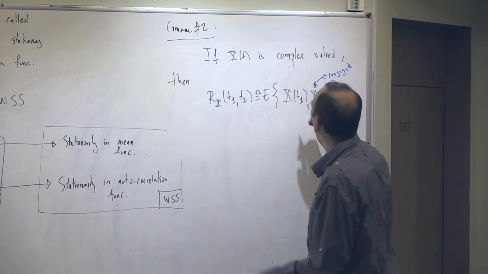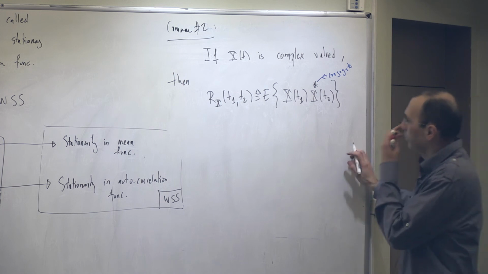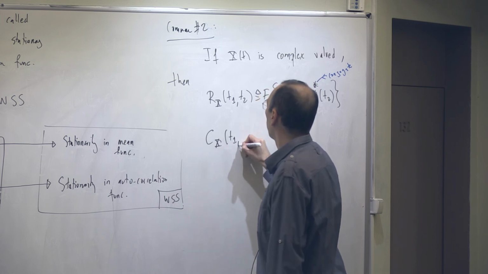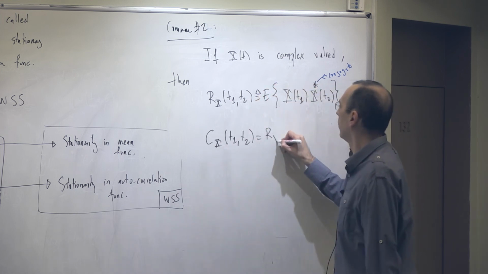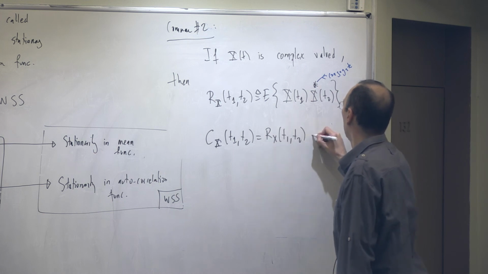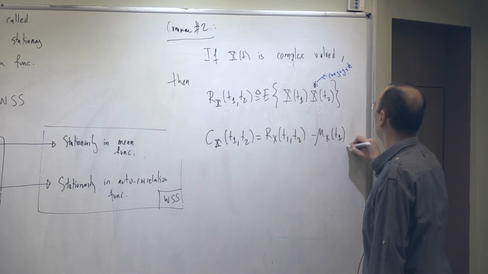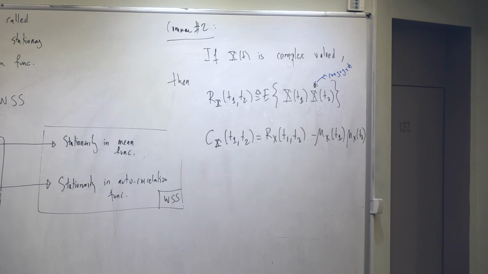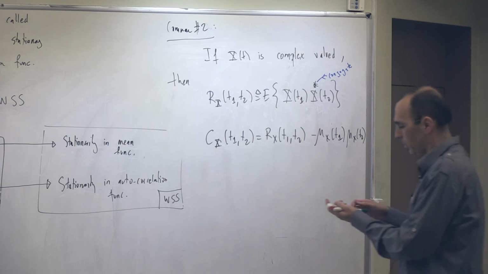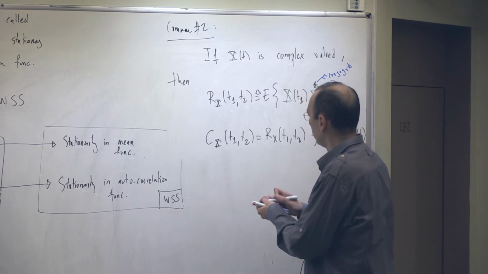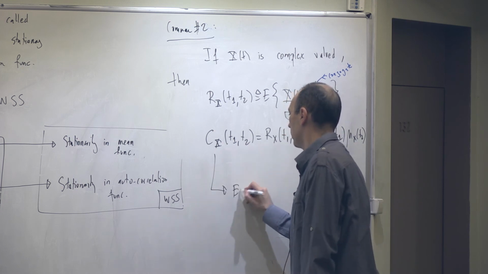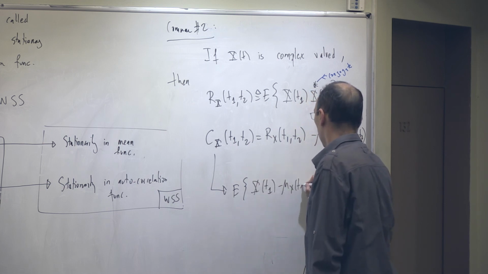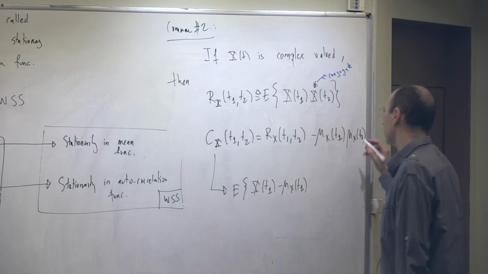So the reason we have this complex conjugate is, well, we have Cx T1 T2 equal to Rx T1 T2 minus mu x T1 mu x T2. Am I right? We have a definition like that.